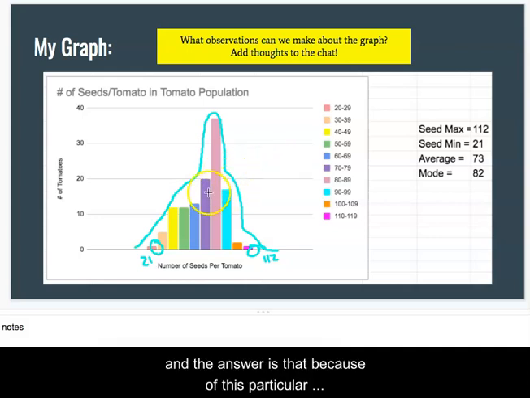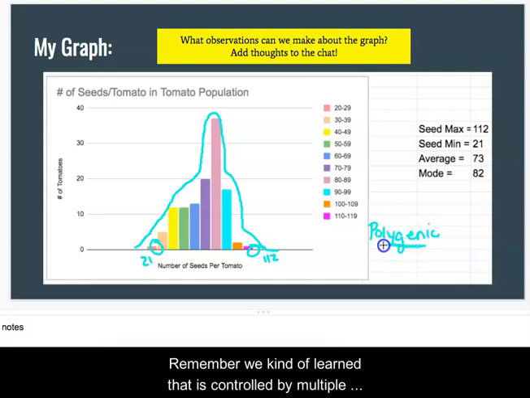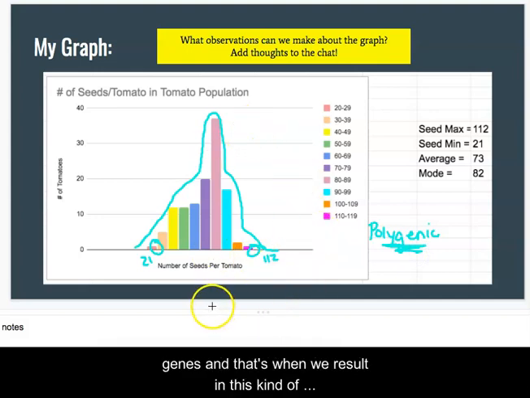And the answer is that because of this particular distribution, it suggests that the number of tomato seeds that a plant or a tomato might have would be polygenic. Remember, we learned that it's controlled by multiple genes, and that's when we result in this kind of distribution. So it's probably more than one thing that's controlling the number of seeds that these tomato plants have.